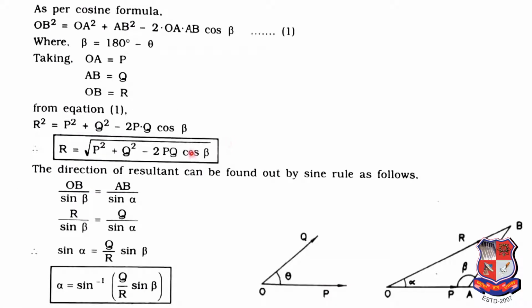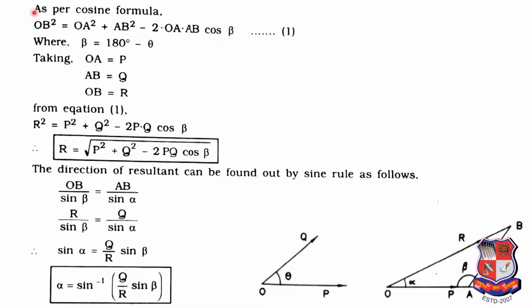As per trigonometry, using the cosine formula, OB square is equal to OA square plus AB square minus 2 OA AB cos beta. We know this is a fundamental of mathematics, and we applied the cosine formula to the figure.